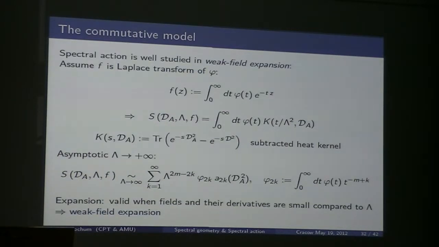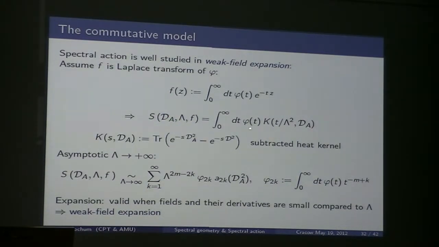So this spectral action has been studied in the weak field expansion in the following sense. As I said, you assume that f is a Laplace transform of something. Why? Because you want to use the heat kernel techniques. So f is a Laplace transform of phi. So you can write again this spectral action.